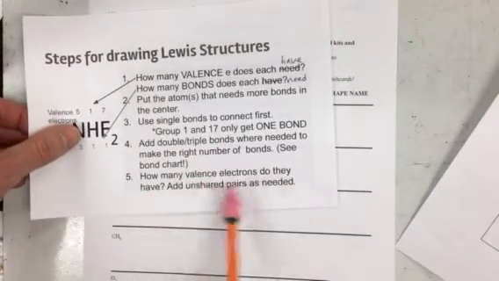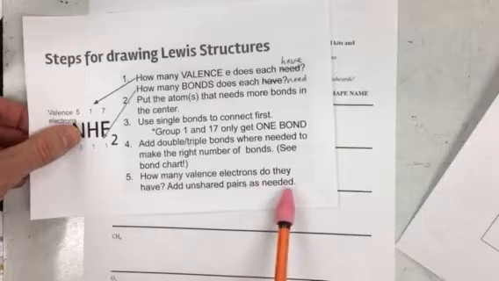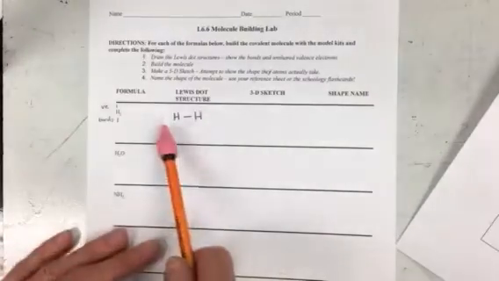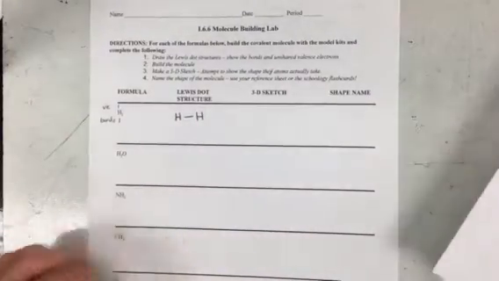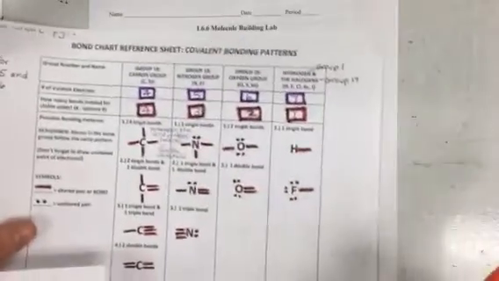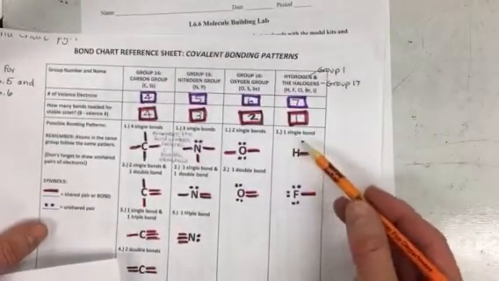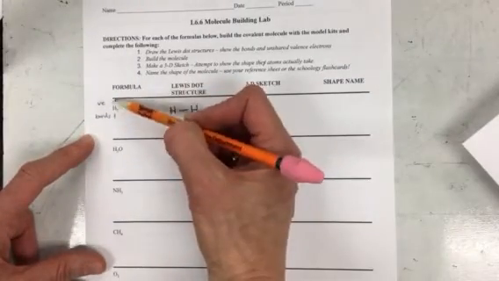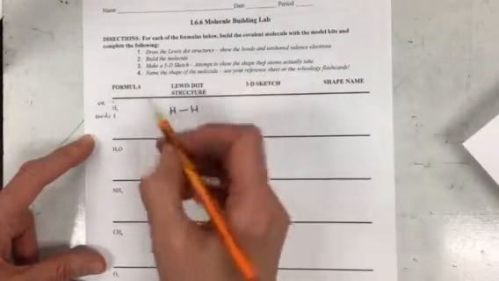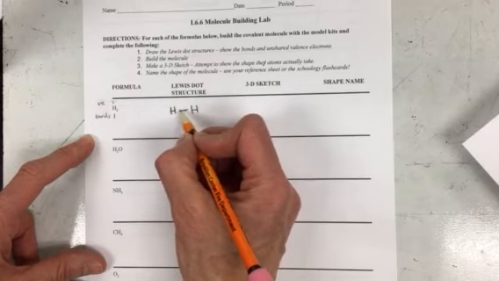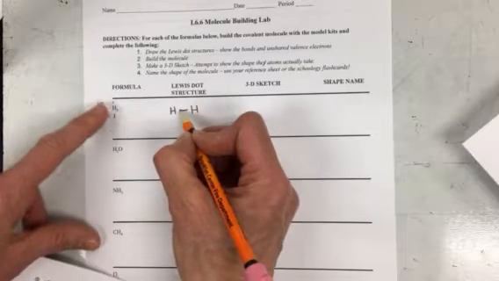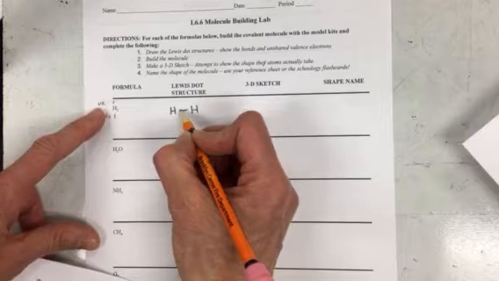So the last step is to check how many valence electrons they have, and add unshared pairs as needed. Does hydrogen have any unshared pairs? There are 2 ways to tell. I look here, no it doesn't. Also, when the valence electrons and the bonds are the same, that tells you that the valence electron for this hydrogen is in the bond, and so there are no extra unshared ones.